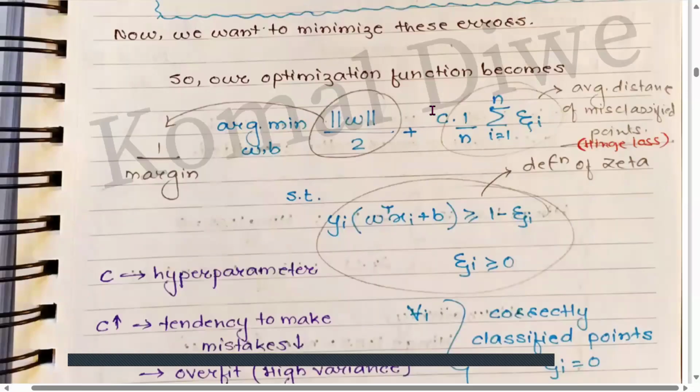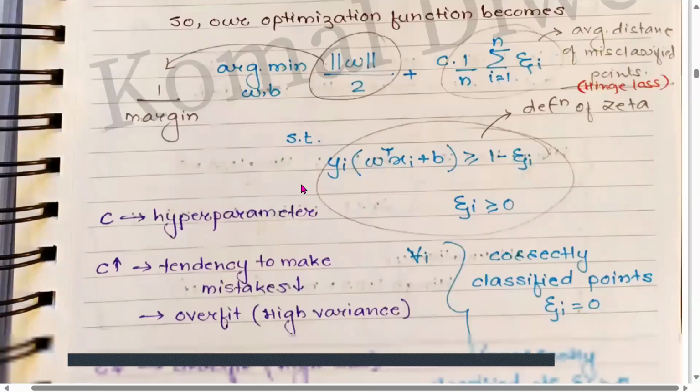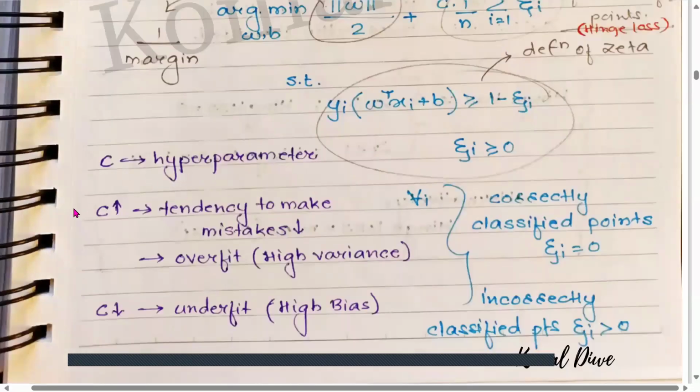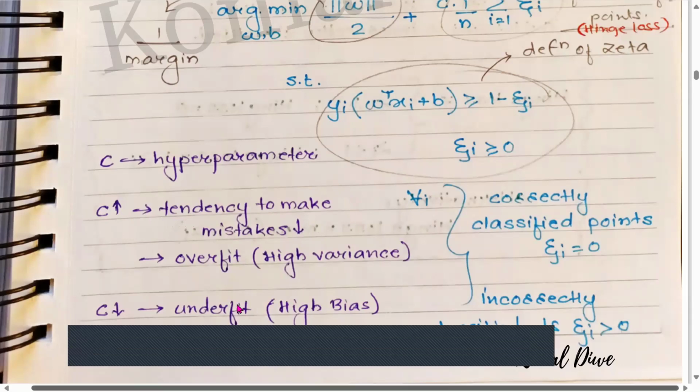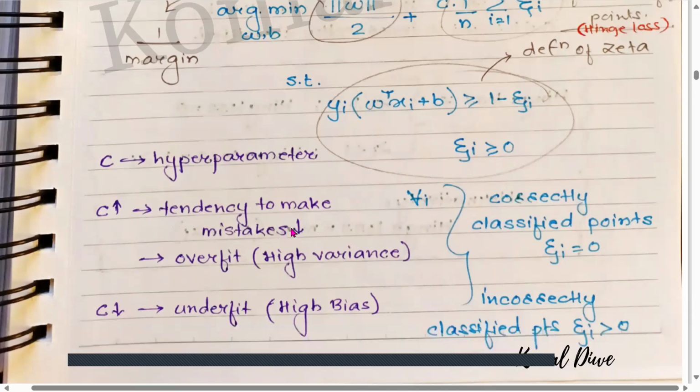If the C value increases, the tendency to make mistakes reduces, which means overfitting. Overfitting means high variance. You have to keep in mind that overfitting means high variance.